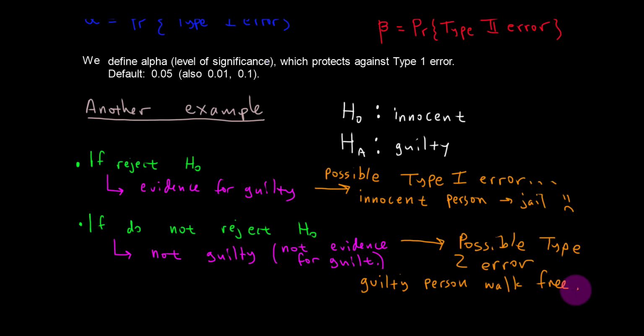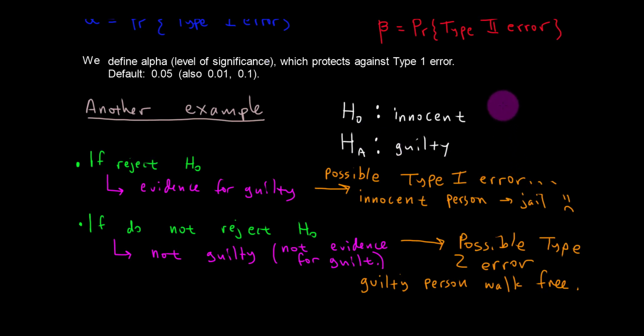So what's worse? Type 1, type 2? I can't answer that for you. That's based on your own perception. But in this more classic example, the guideline for establishing is there evidence for guilt or is there not evidence for guilt, that is guided by hopefully what they call beyond reasonable doubt, right?